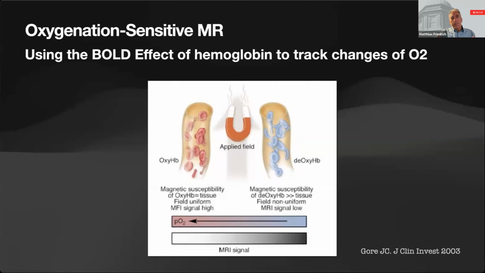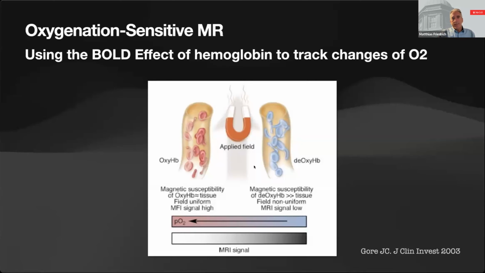So this paramagnetic effect, if you use a T2 star sequence, will lead to a signal drop. So what it means is that if you have a dynamic change of the oxygenation of hemoglobin, this will be visible as a change of signal intensity with a spatial resolution that we can achieve in NMR.